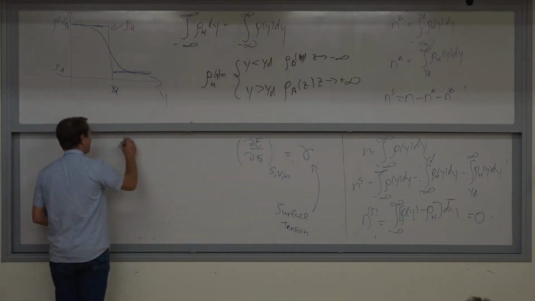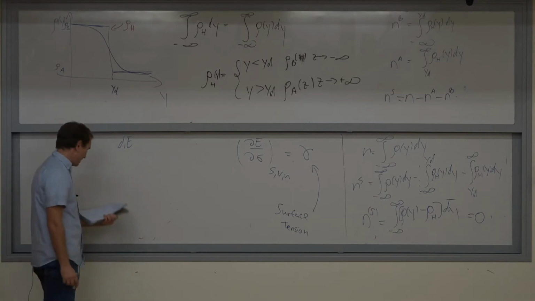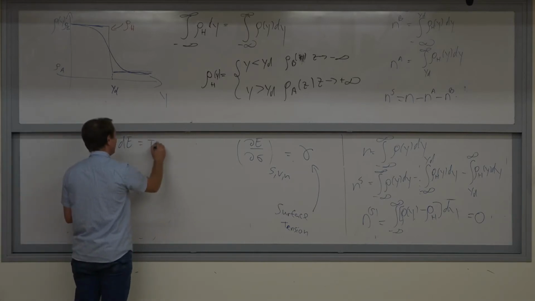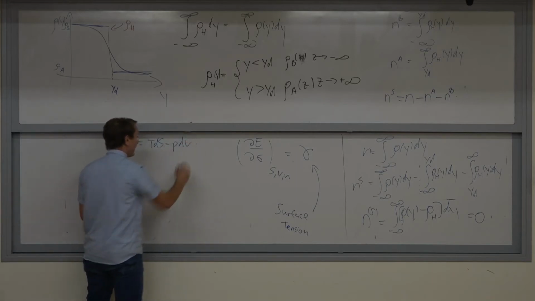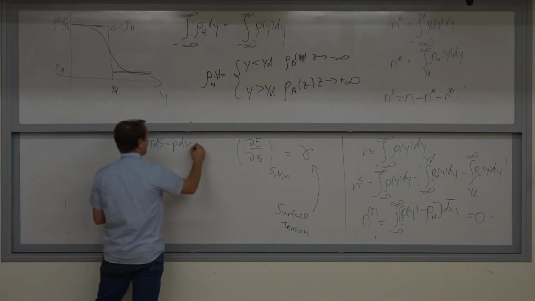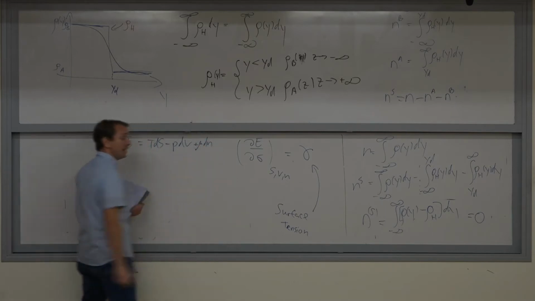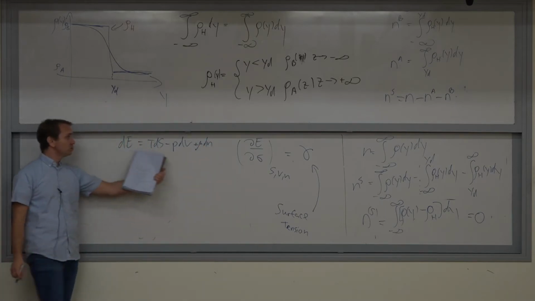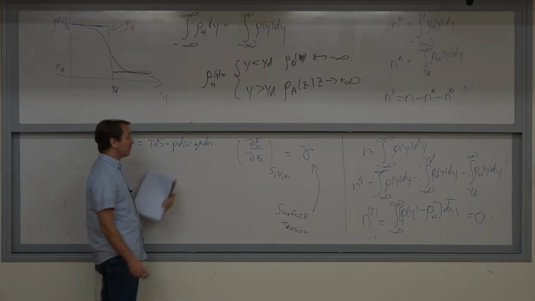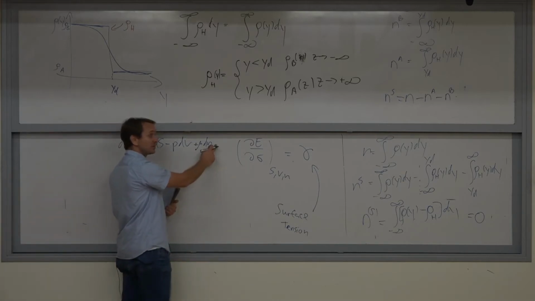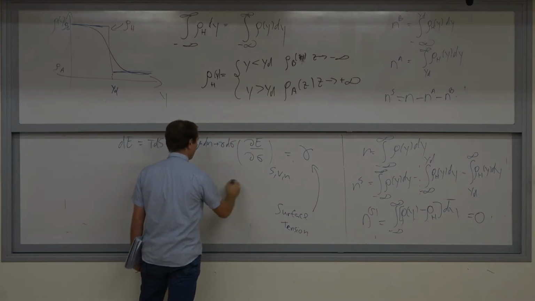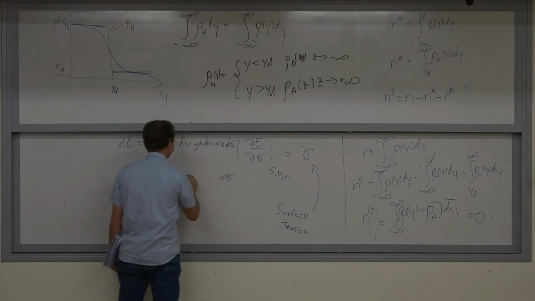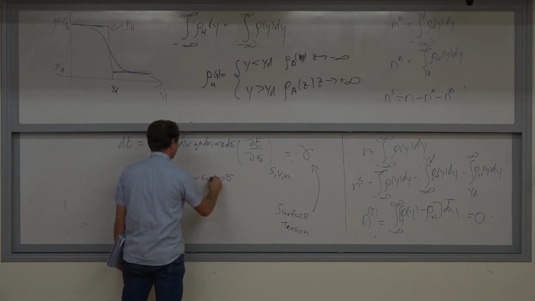So if we write the change in the energy, there is TdS, as usual, minus PdV, as usual, plus mu dN, as usual. This is the usual description of the bulk. We also say, well, we have a surface here. And for the surface, we add plus gamma d sigma. Sigma is the surface area.